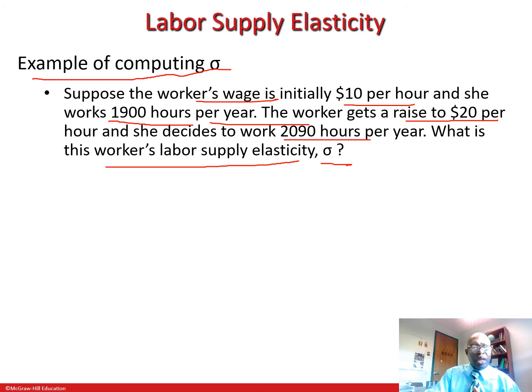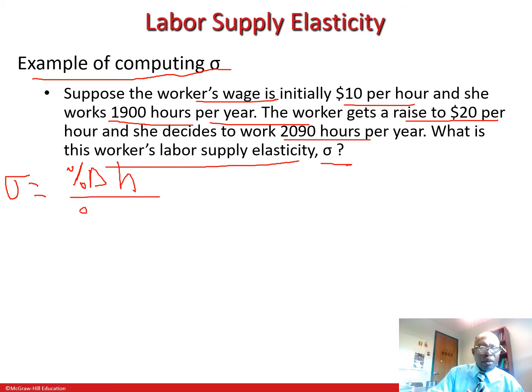To compute gamma, let's begin with the formula. Gamma equals the percentage change in H, hours of work, divided by the percentage change in W, which is the wage rate.